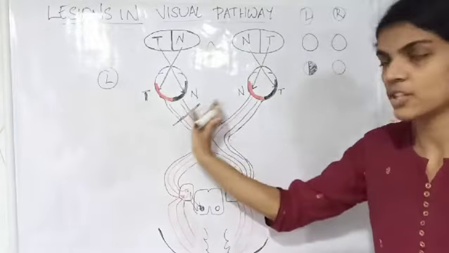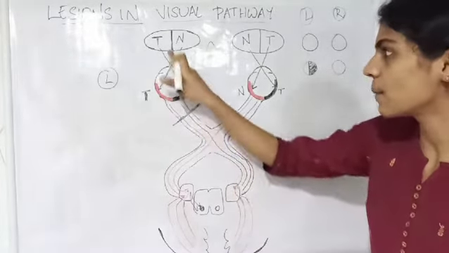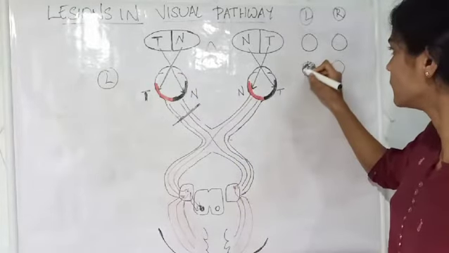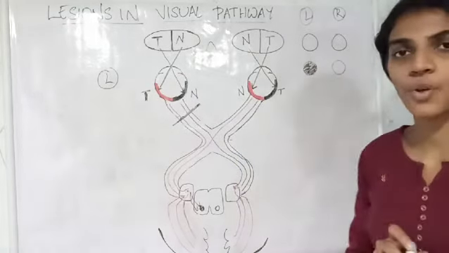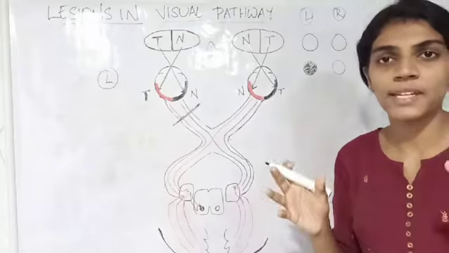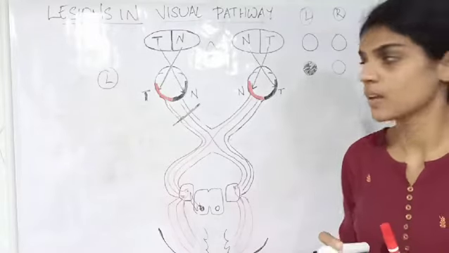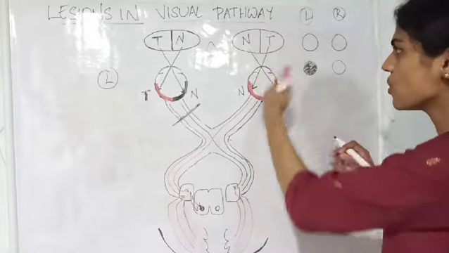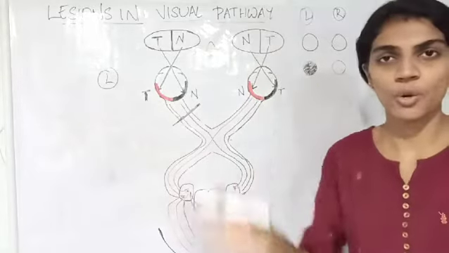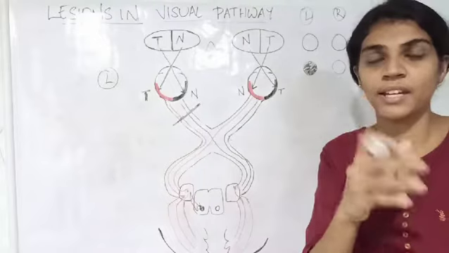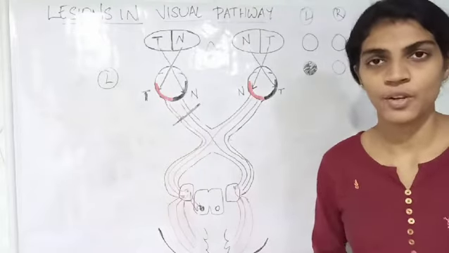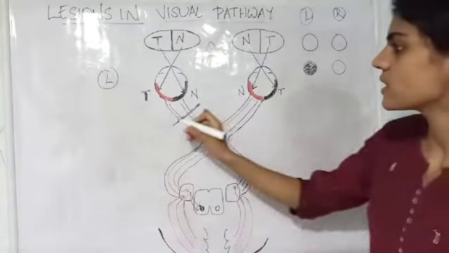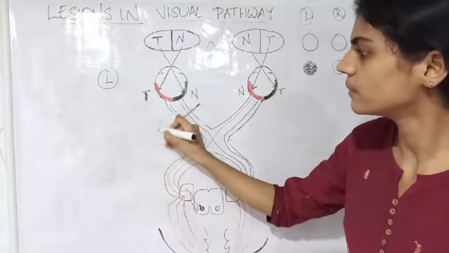It stops at this point only, so the temporal region is also affected. So there is complete blindness of the left eye, since there is no lesion here in the right eye. The right eye has normal vision, but the left eye has complete blindness. So this is scenario A.